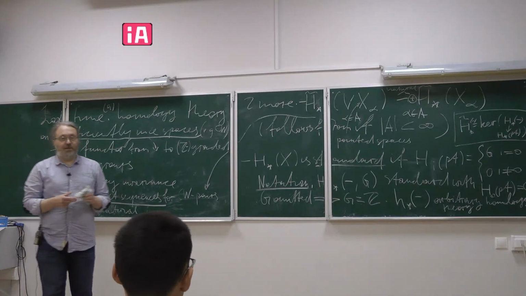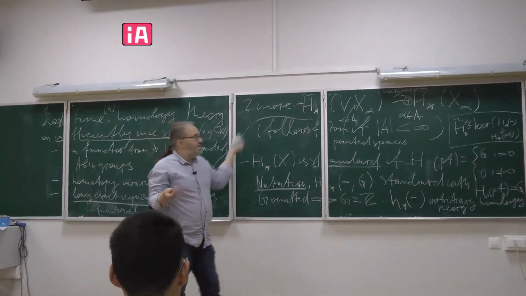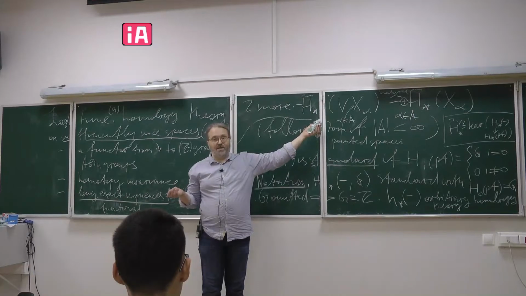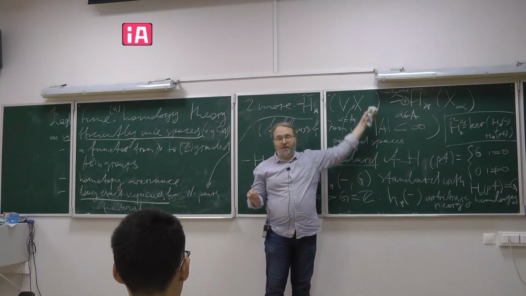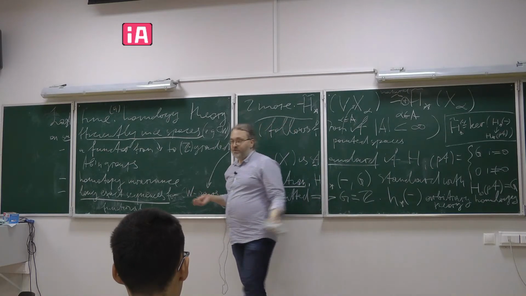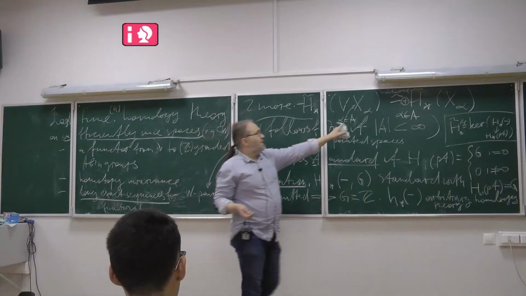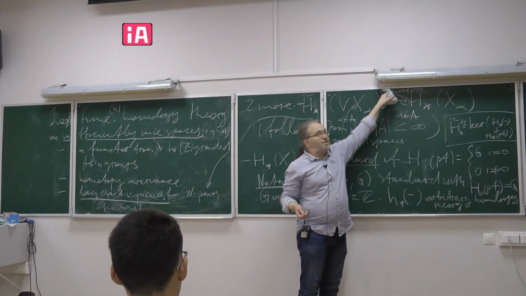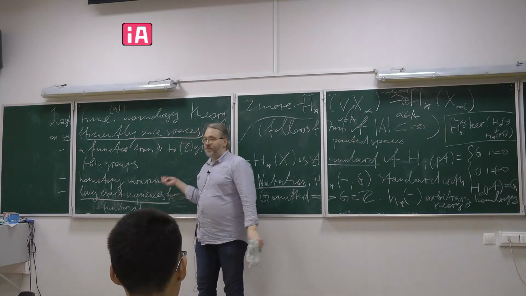This is in fact a natural transformation, more or less by construction. We already have this map, and from construction it follows that it's a natural transformation. So this is automatic, but here this is something we require.